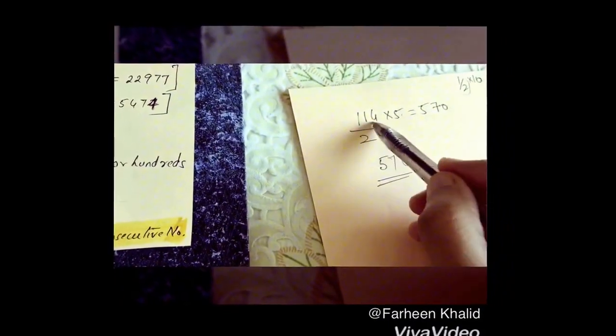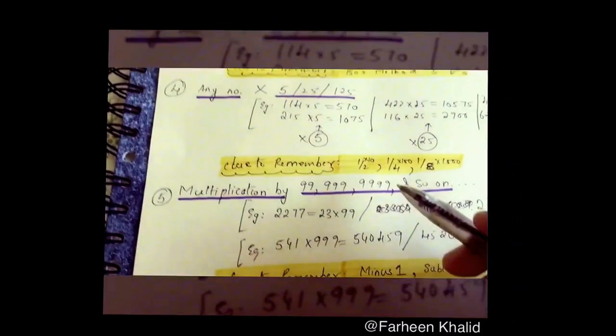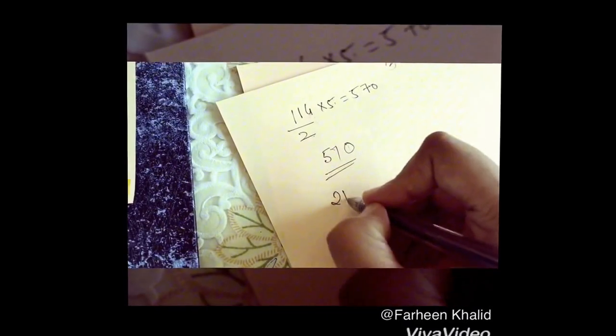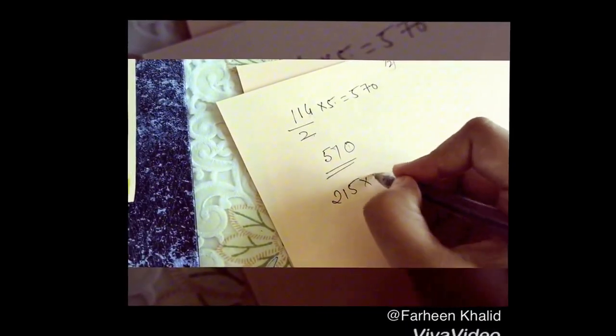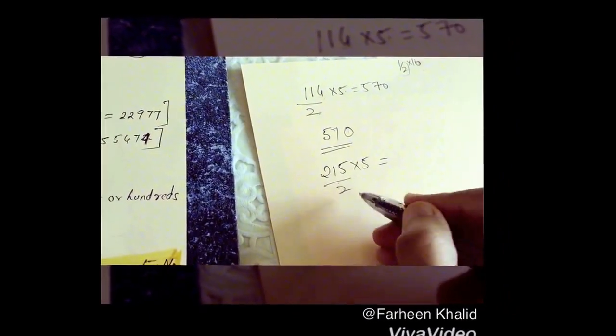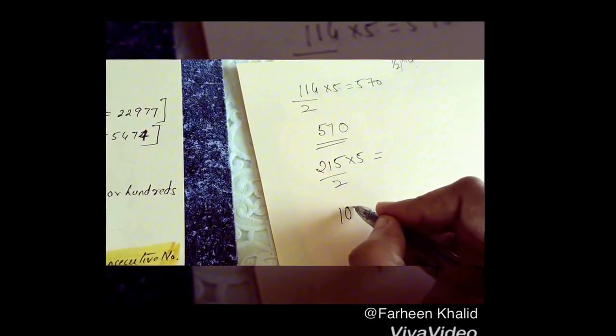Let's do another one which does not become a perfect half, which means that it doesn't go into 2 so well. So let's see 215. Okay, 215 doesn't go into 2 so well, but we can still do it easily. We divide it by 2, which is 2 times 1 is 2, 2 times 0, and you have 15. 2 times 7 is 14.